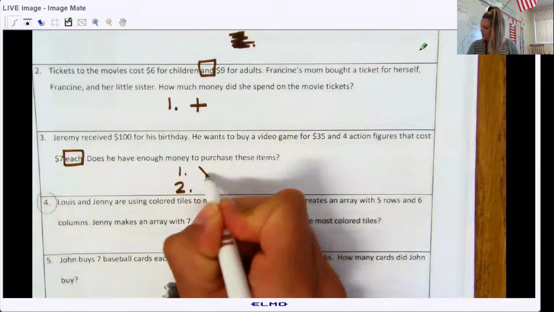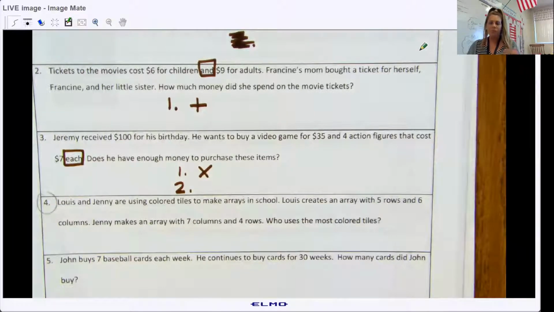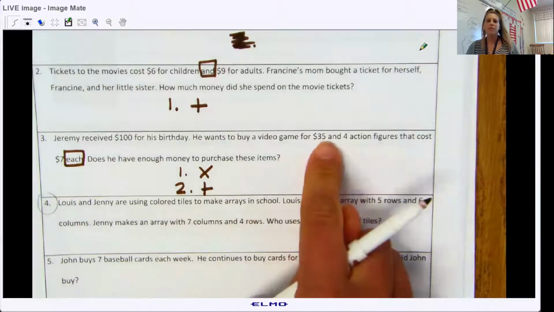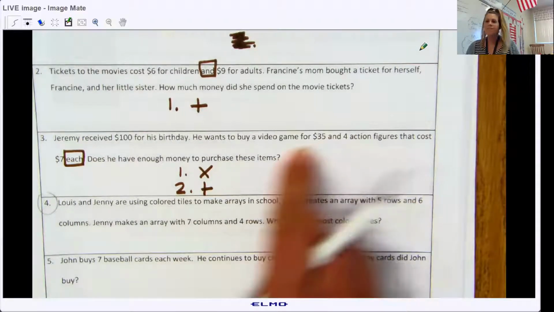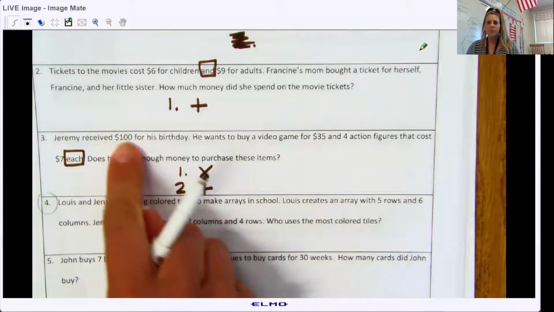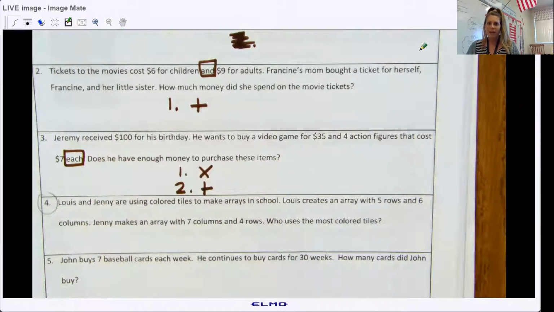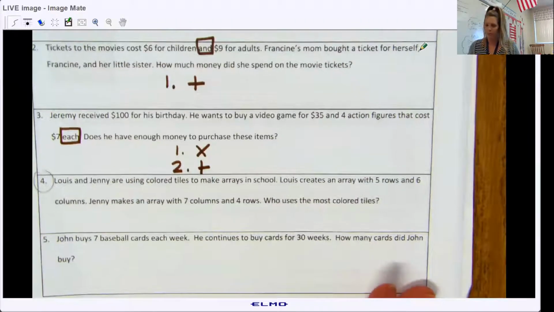We would multiply to find out how much the action figures cost, right? And then what would we do? Then we would add that to 35 to see if it equals 100, if he has enough money. Okay? Remember, we don't have to solve these ones, but if you want to, go for it.